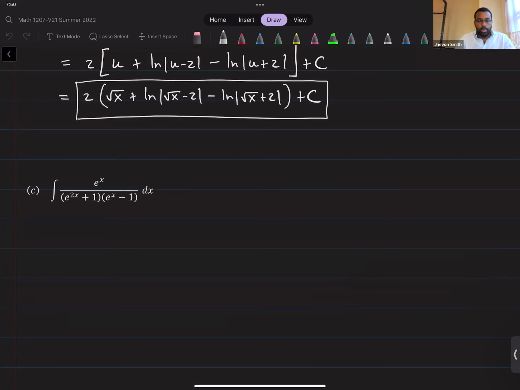Any ideas? Maybe substitute e to the power of x minus 1 for u.